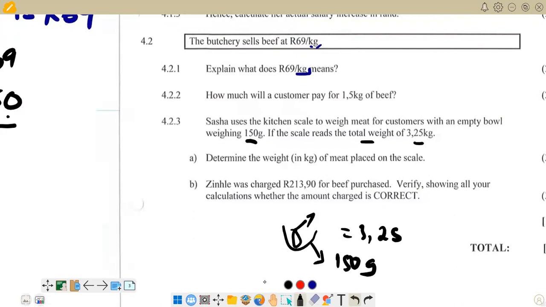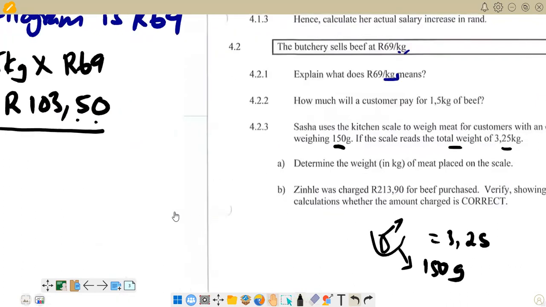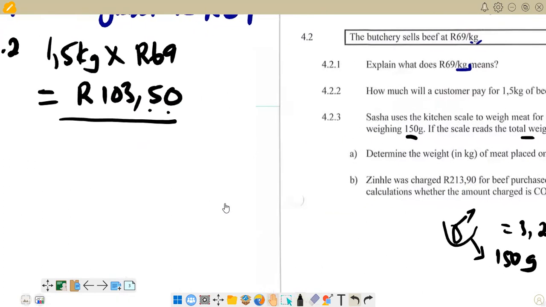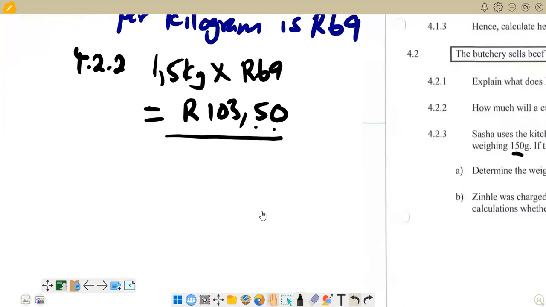So we can go there now on 4.2.3 on the first part, which is A. So the first thing that we have to do is to convert 150 grams to kgs.